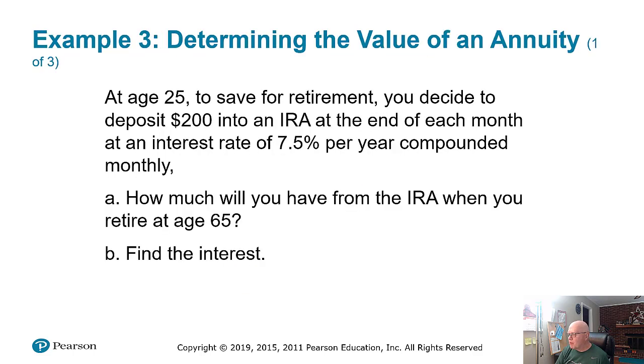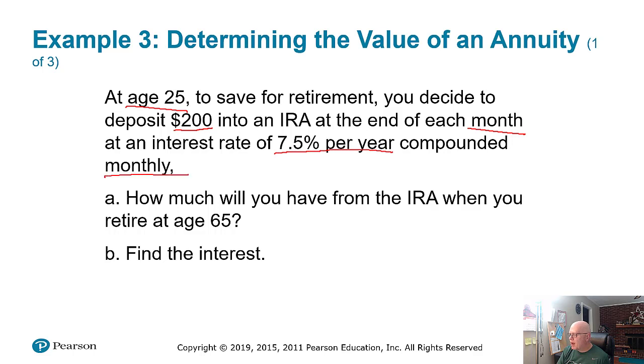So here's an example for us to look at. You're 25 years old, and you decide you're going to deposit $200, just $200 into an IRA at the end of each month. You've got an interest rate at 7.5% per year, compounded monthly.